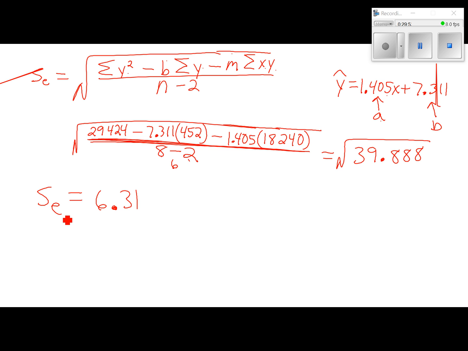When we did it the other way, I don't know if I rounded off more in one or the other, the standard error came out to be 6.21. So it's a little different, but not a whole lot. Again, because it was in hundreds of dollars, this means $631.